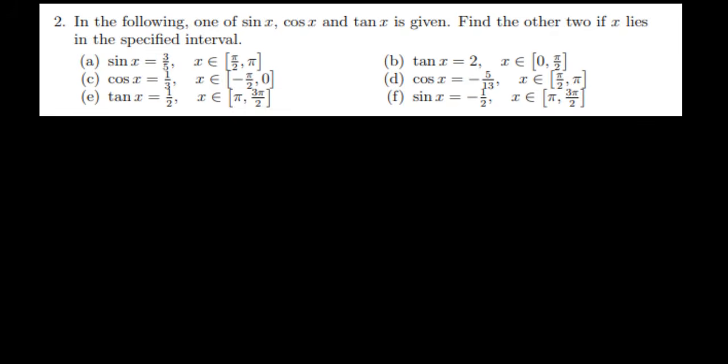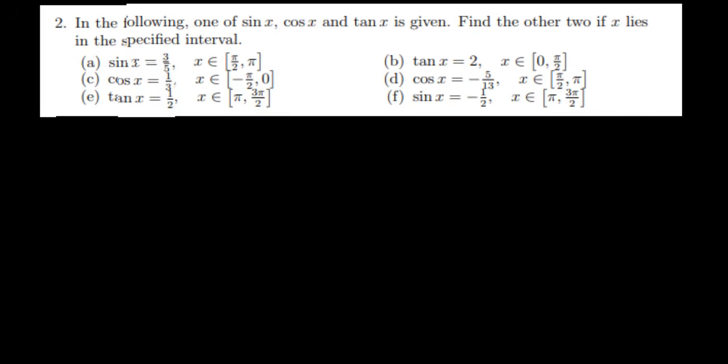Let's now solve question number 2 based on the foundation that we've laid. In the following, one of sine x, cos x, and tan x is given. Find the other two if x lies in the specified interval.